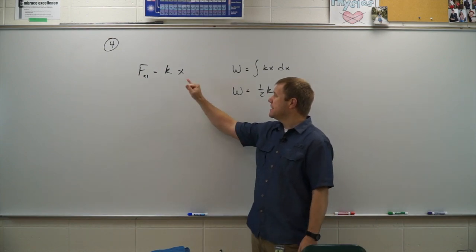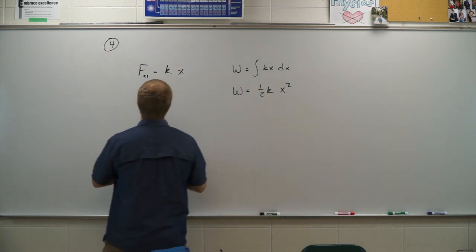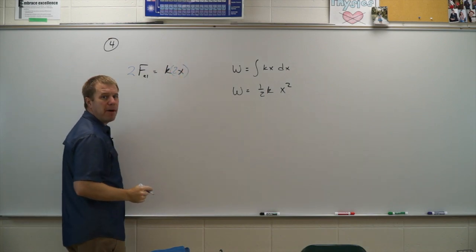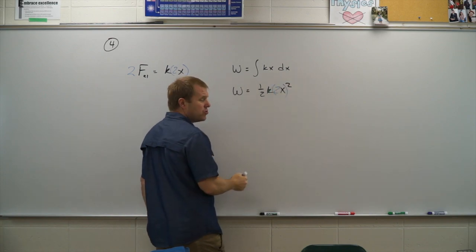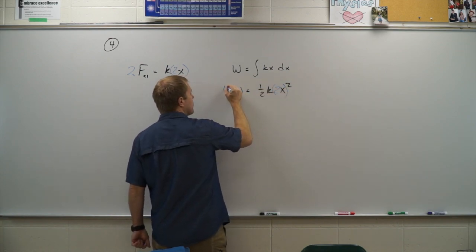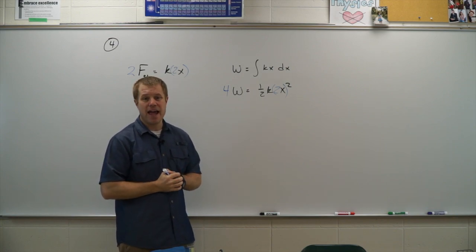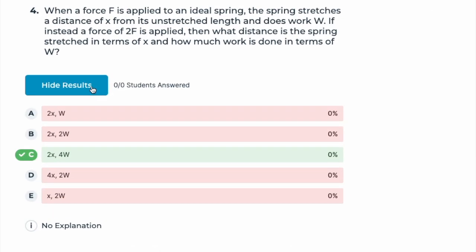What happens to the displacement and what happens to the work? If I double the force, I will have to double the amount it is stretched. If I double the amount it is stretched, 2 squared, that's going to require 4 times the amount of work in order to make that happen. Correct answer here, C. 2 times the x, 4 times the work.